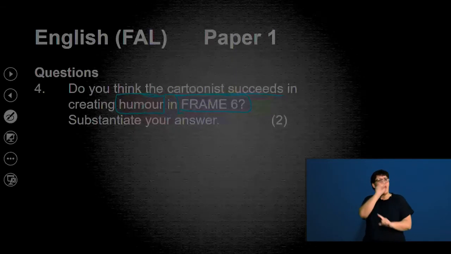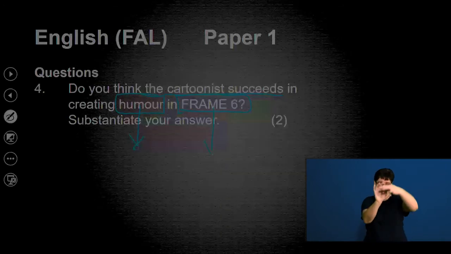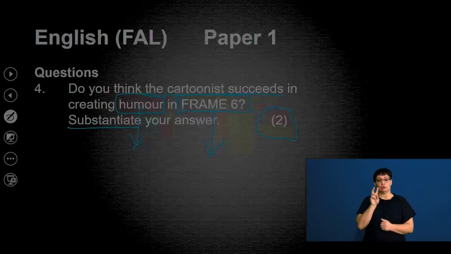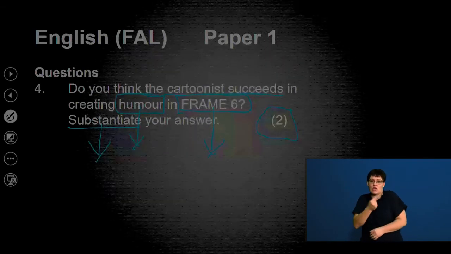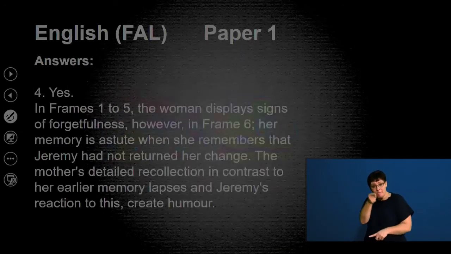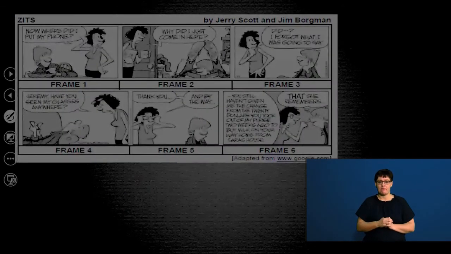So we must make sure when we are answering, we are talking to humor, and we are speaking to frame 6 for 2 marks. And it says substantiate your answer, which means that we must also give you information from frame 6. Okay, so let's look at the cartoon and look at frame 6 again.